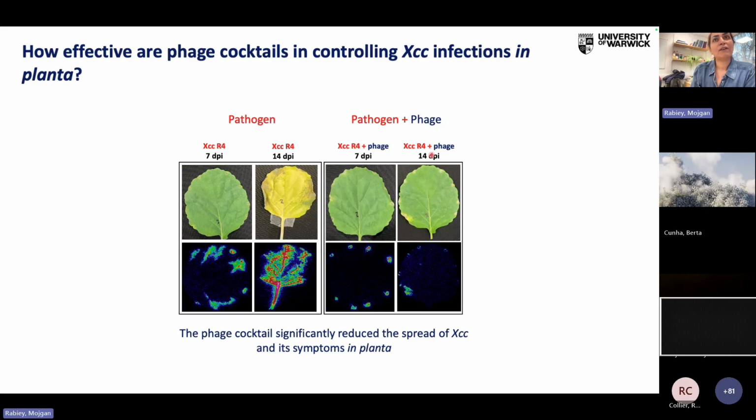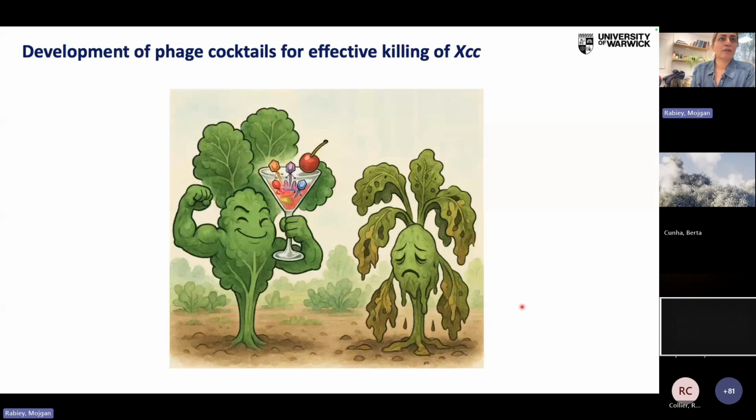However, when we have the phage application, 14 days post-infection, we hardly see any bacteria or XCC spreading into the leaves. So that's quite promising results. However, we are testing different delivery methods at the moment to understand how best we could deliver phage to control the XCC population. So this work is still in progress. However, our results are quite promising so far.